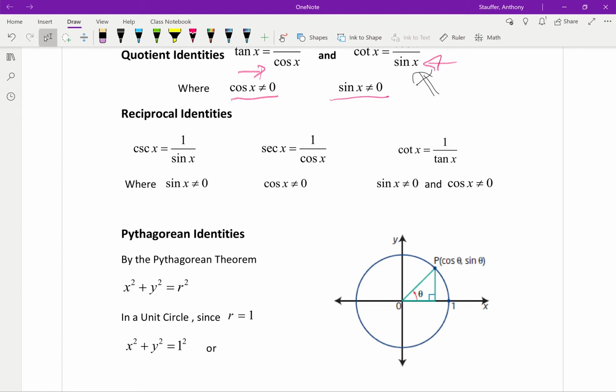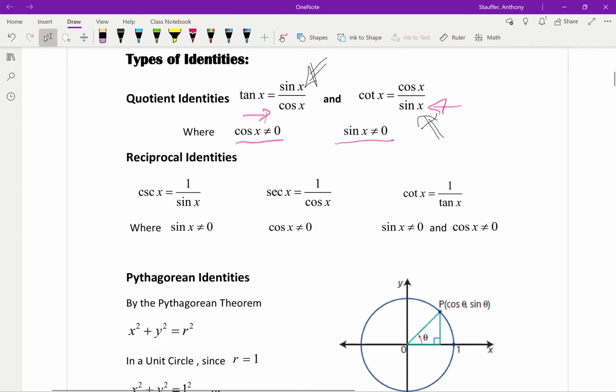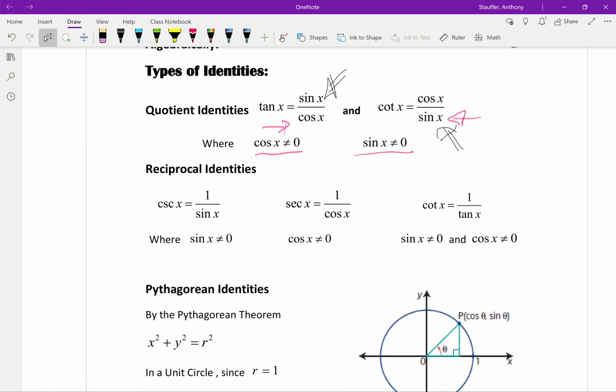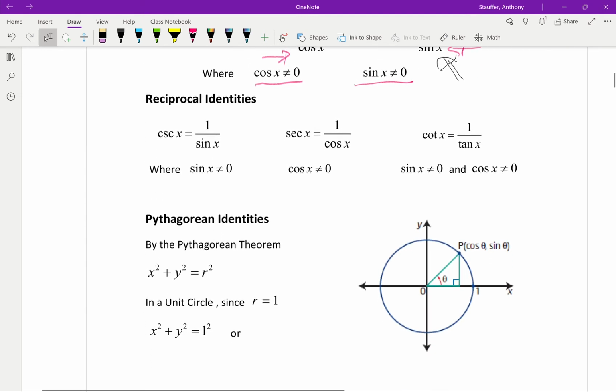Cosecant is 1 over sine, secant is 1 over cos, and cotan is 1 over tan, or subsequently cos over sine. We have that sine x cannot equal 0 here, cos x cannot equal 0 here, and then sine x and cos x cannot equal 0 there.